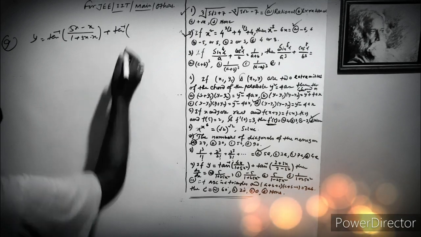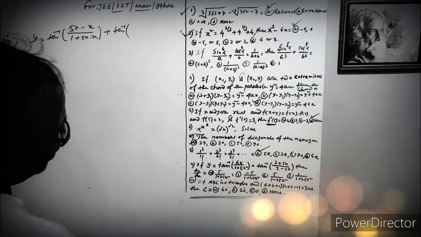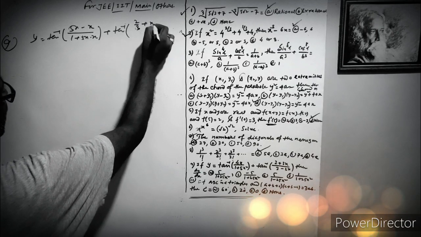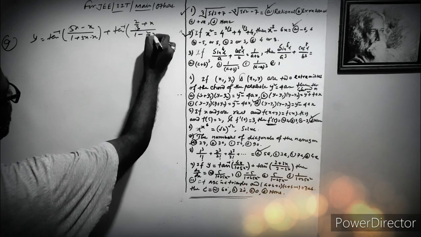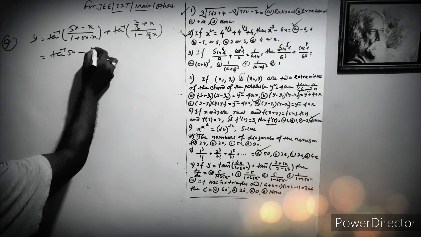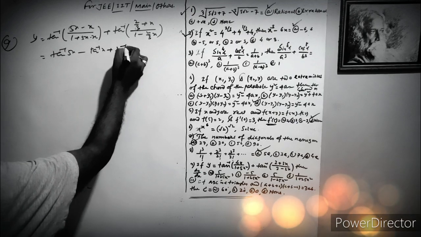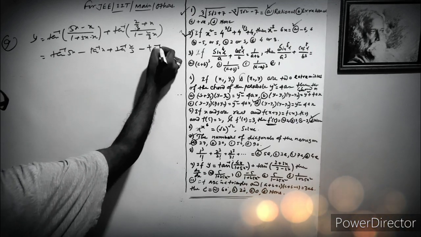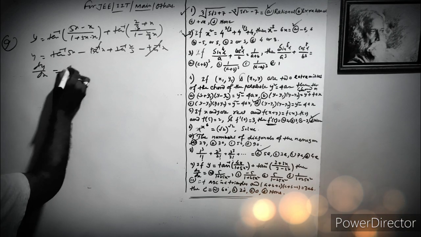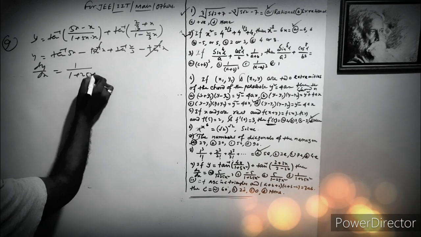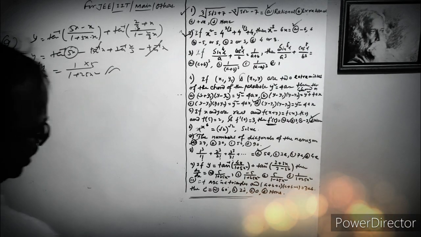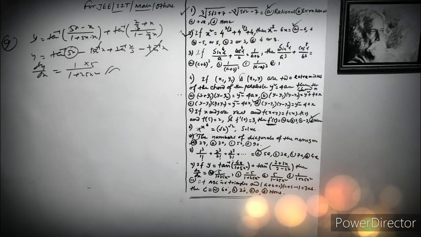And tan inverse, for that if we divide the numerator by 3, then we get 2/3 plus x by 1 minus 2/3 into x. So therefore we can write the formula here as tan inverse 5x minus tan inverse x. So tan inverse 2/3 minus tan inverse x. So these two terms are cancelled. So if we differentiate this dy dx, we get here 1 by 25 x square, and differentiation of 5x here is 5. So this is your answer, option A.